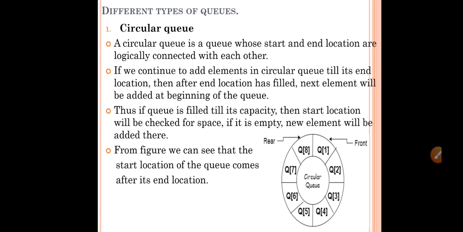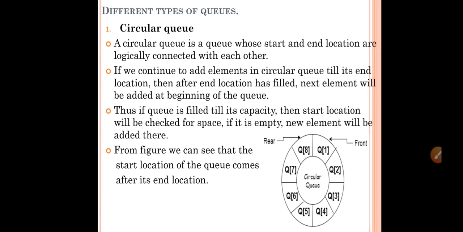If it is empty, the new element will be added there. Okay, as shown in the figure, we can store up to 8 elements in a queue because the memory location is only 8. Okay, so the front and rear pointers are pointing to each other, meaning it is connected logically, right? So front and rear, it is called circular.